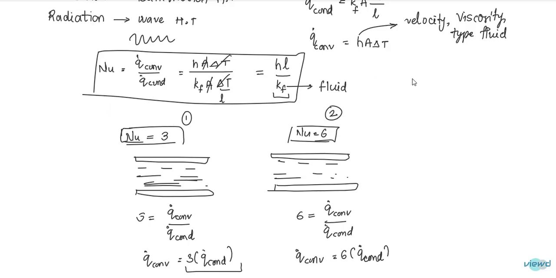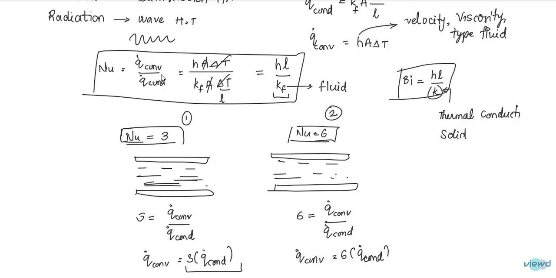And you should not confuse it with the Biot number. Biot number is equal to H L by K. In this Biot number, this K is the thermal conductivity of the solid. So you should not confuse the Biot number with the Nusselt number. In the Biot number K is for solid, and in the Nusselt number K is for fluid.